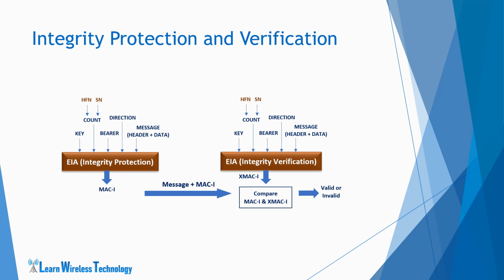At the receiver side, the integrity field is separated from the signaling message. The receiver calculates the XMAC integrity field based on the input parameters and compares it with the received integrity field MAC-I. If the calculated XMAC corresponds to the received MAC-I, then the integrity protection is verified successfully.